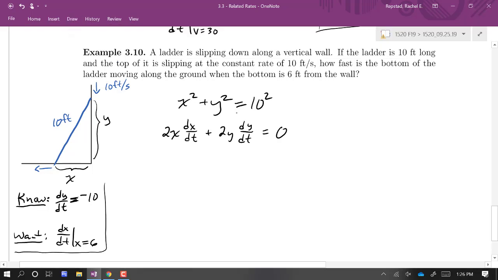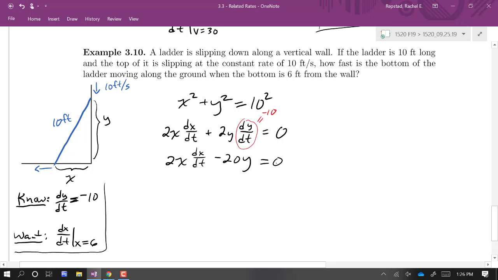We know the value of dy dt. It's negative 10. I'm just going to plug that in. So we have 2x dx dt minus 20y is equal to 0.